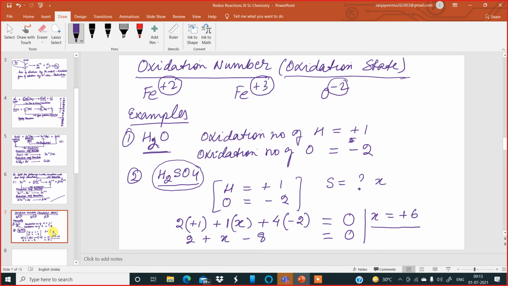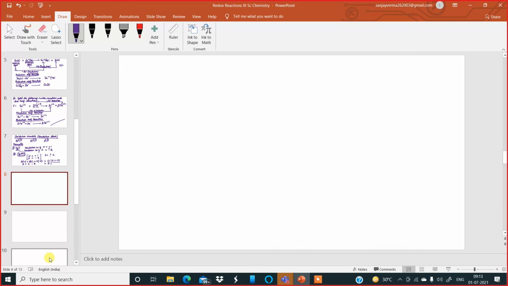Now let's talk about an ion. Example: the SO4 minus 2 ion. Let's find the oxidation number of sulfur.